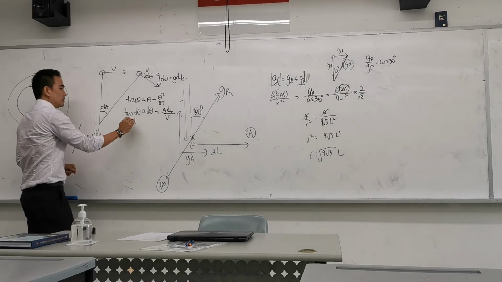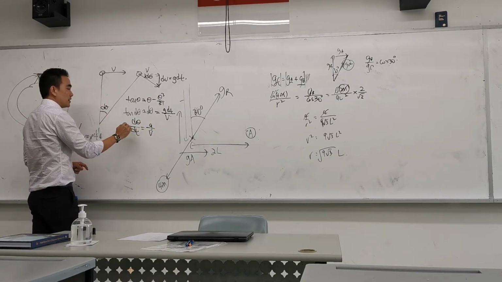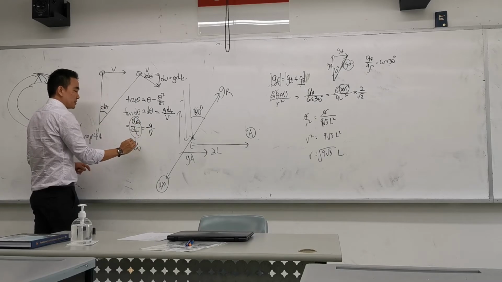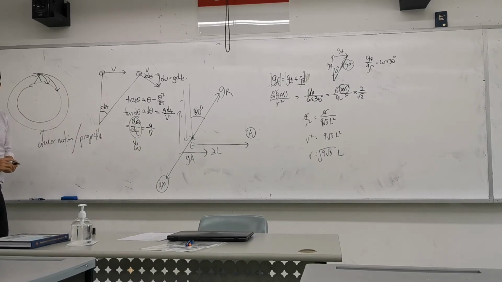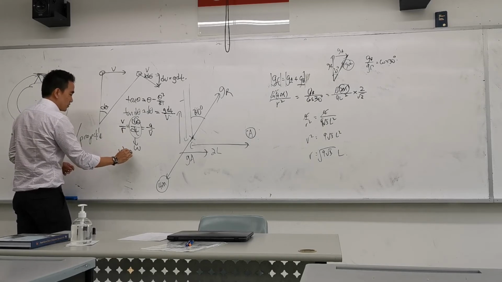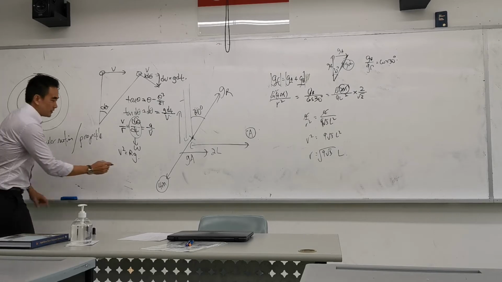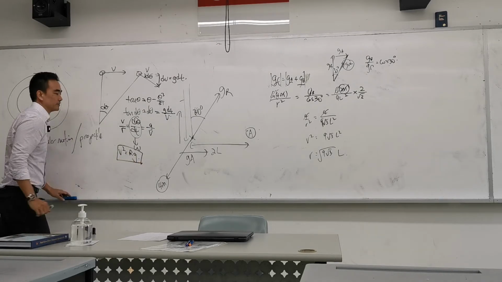Therefore, d theta dt is equal to g upon v. Now this, remember, is actually your omega, the angular speed, which is v upon r. Therefore, v squared equals rg. This is an important step.